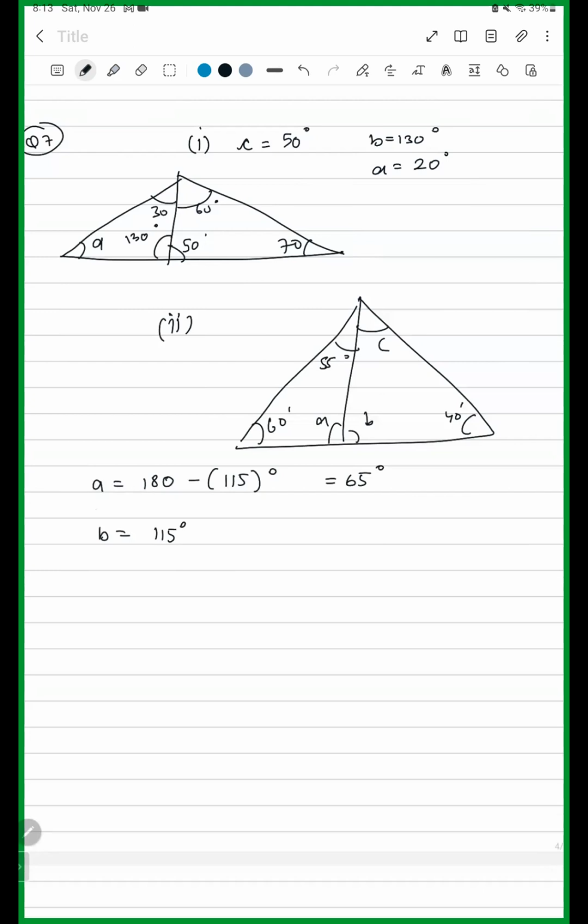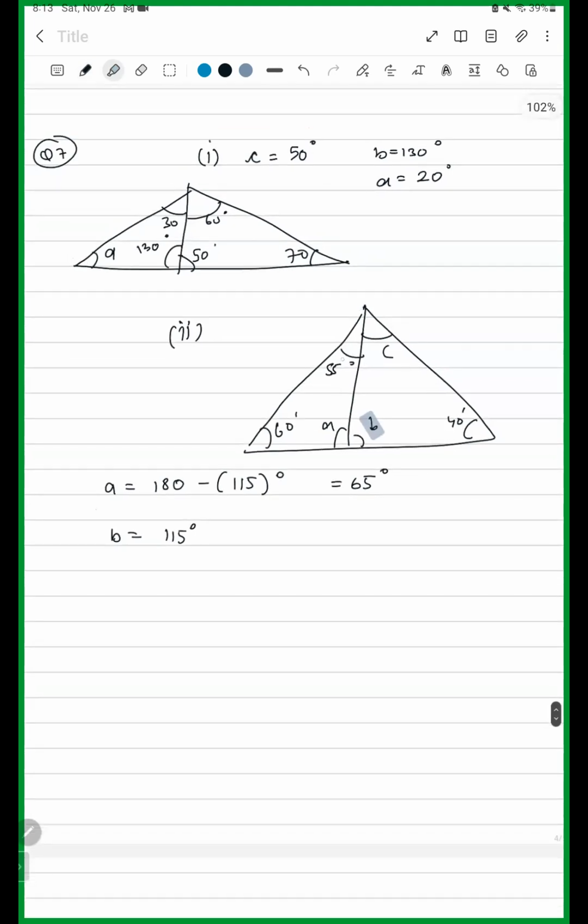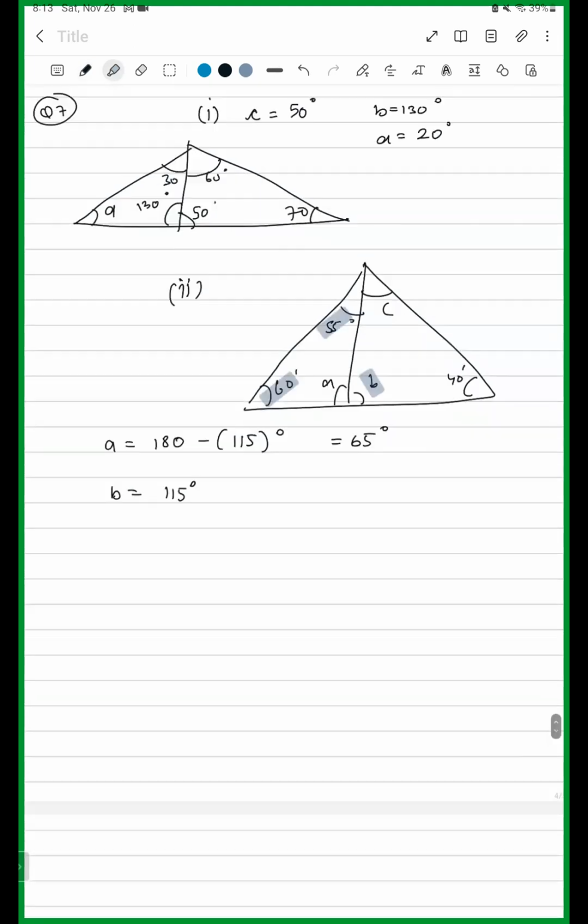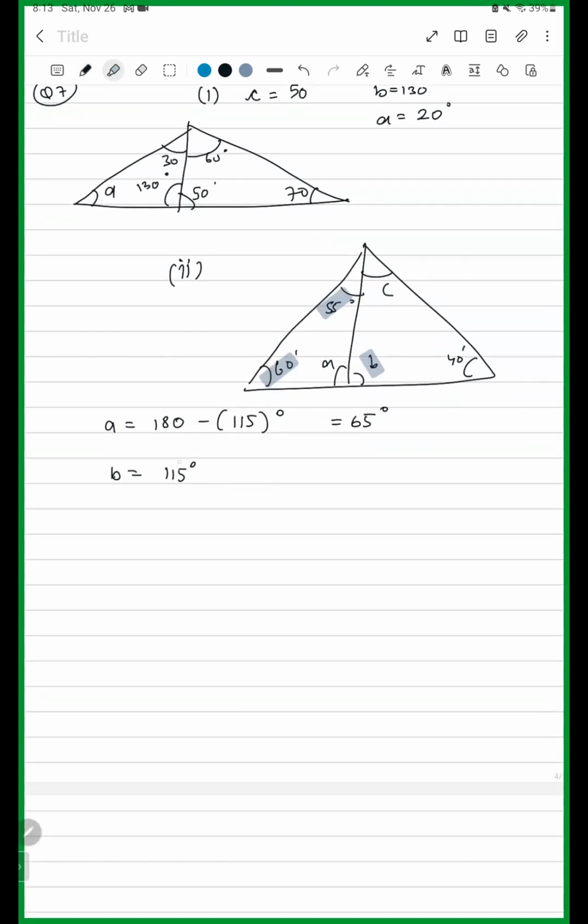But you can also think of it like this. See, this angle B is an exterior angle, and these two are interior opposite angles, right? So what will it be? B is equal to the sum of the interior opposite angles, which is 60 plus 55. This is 60, this is 55. So you add them because B is the exterior angle. Here you are applying the exterior angle property. Okay, then you will get 115.